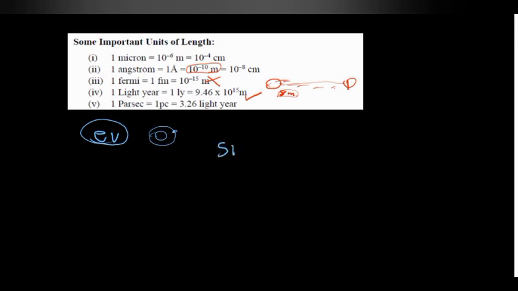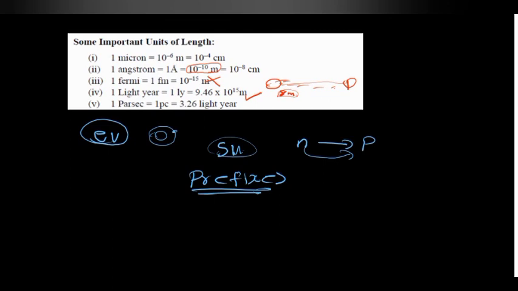And other things like prefixes are going to be really important: how to use prefixes and how to convert one form to another, for example nano to pico. There are certain specific methods to be applied.